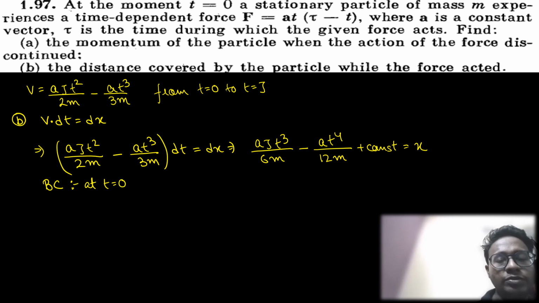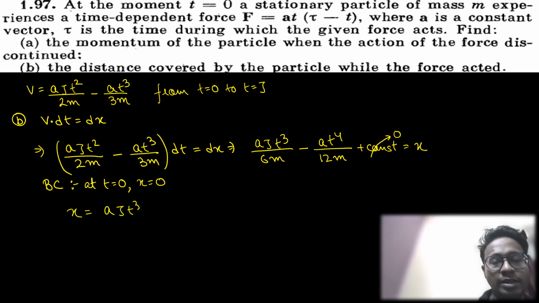If we apply the boundary condition in this formula, the value of the constant becomes 0. So x is equal to a tau t cube by 6m minus a t to the power 4 by 12m.